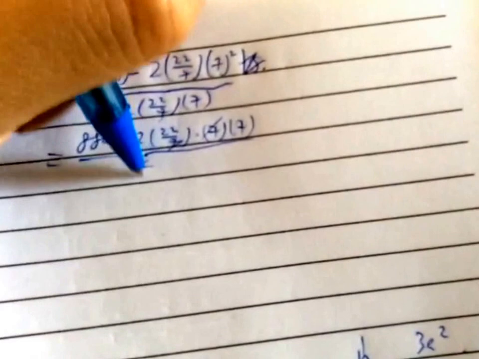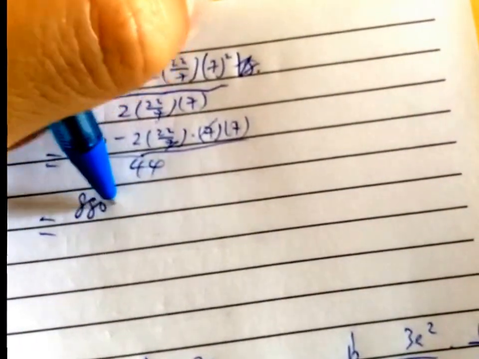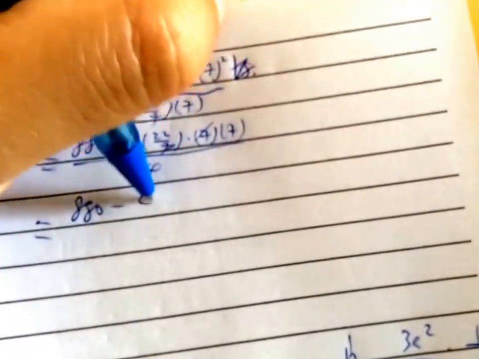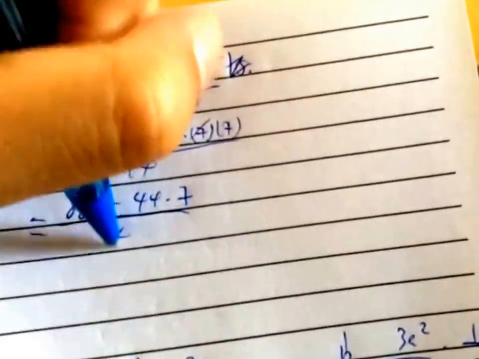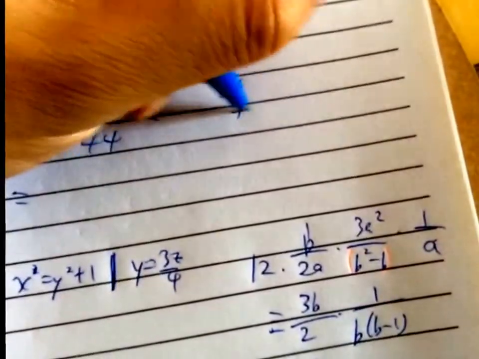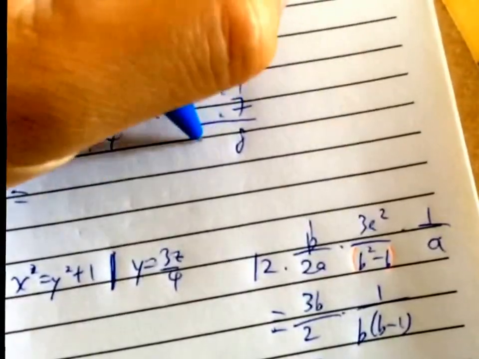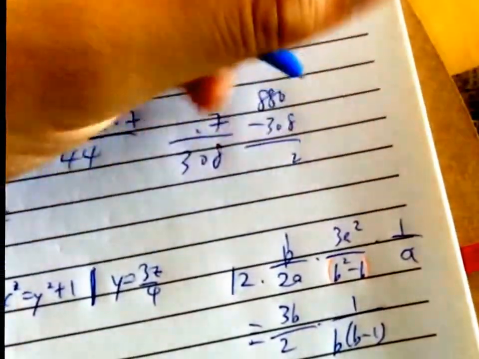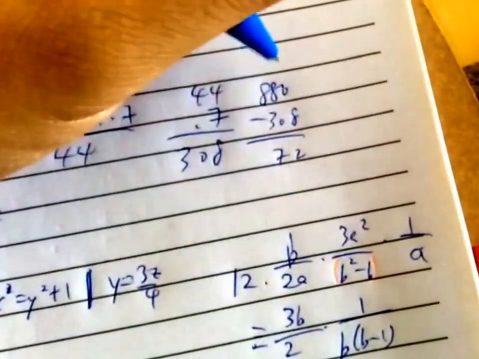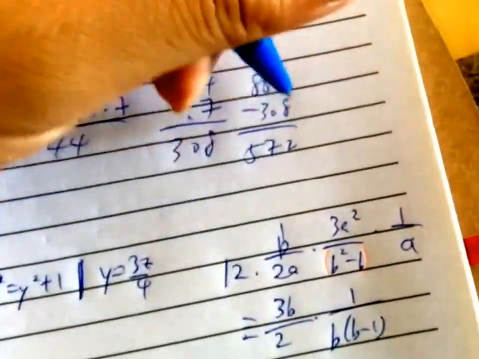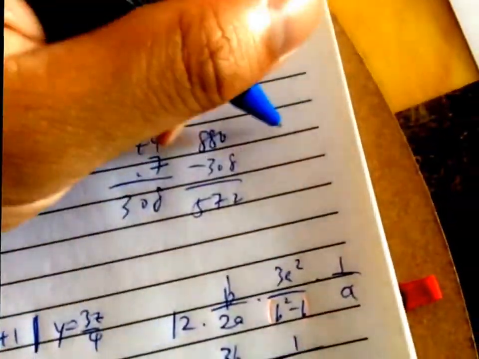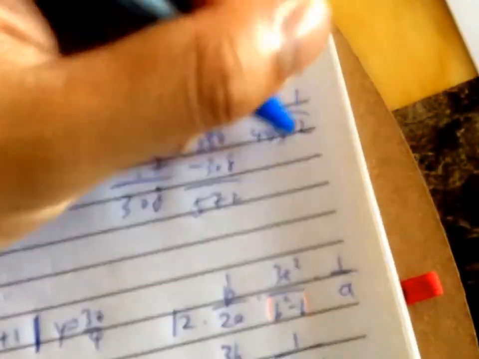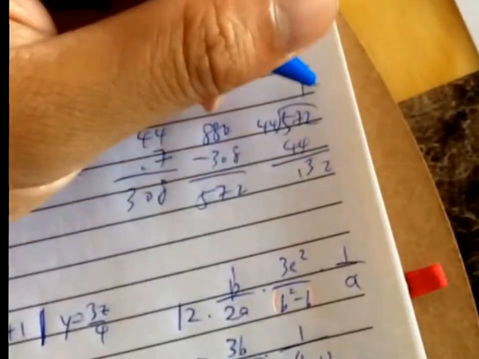This one you cancel out is 44. 80 minus 44 times 7 divided by 44. So 44 times 7 is 308, and then 880 minus 308 is 572, and 572 divided by 44 is 1, and then 3, so it's 13.